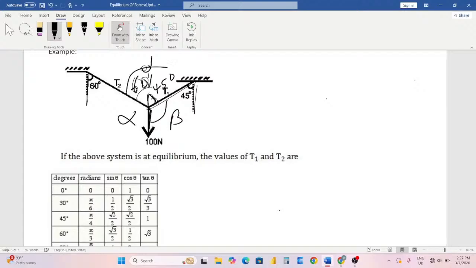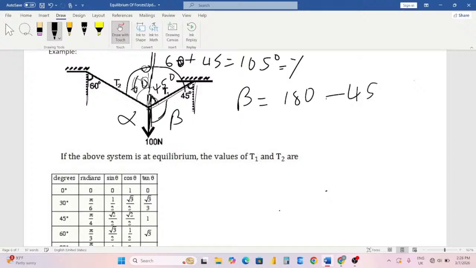Our gamma is already here as 60 plus 45, that's 105 degrees as gamma. Taking this imaginary line as a straight line to this weight, we can find the remaining ones as angles on a straight line. So beta will be 180 minus 45, while alpha will be 180 minus 60.